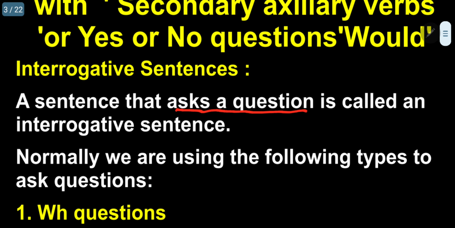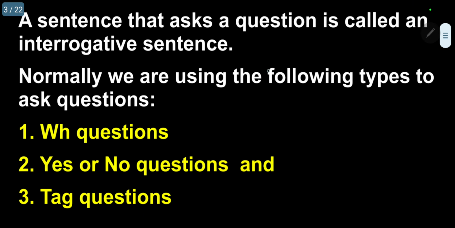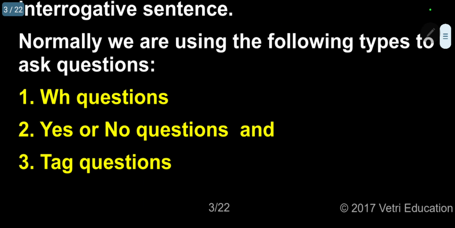Normally, we use the following types to ask questions. What are they? Number one, WH questions. Number two, yes or no questions. Number three, tag questions. Kindly follow. Only by three ways can we raise questions.